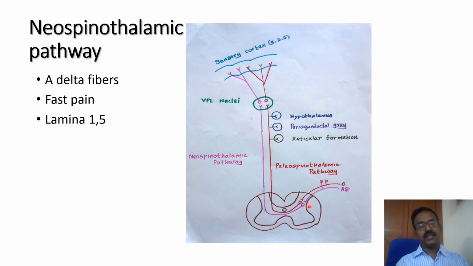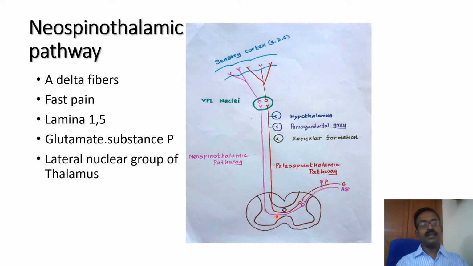The first order neuron terminates in laminae 1 and 5 and releases neurotransmitters like glutamate and substance P. It crosses the midline and travels laterally to the paleo-spinothalamic pathway. It reaches the lateral nuclear group of the thalamus.